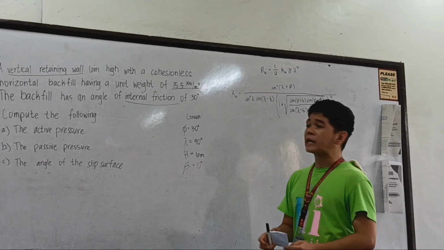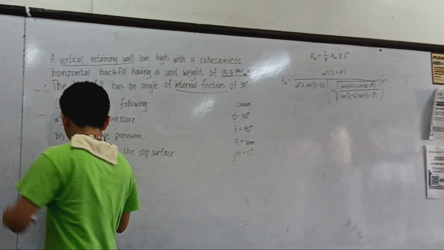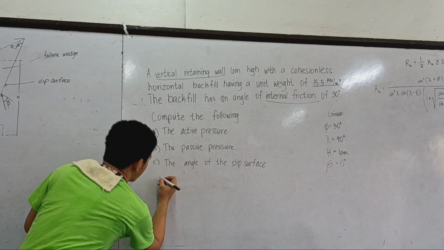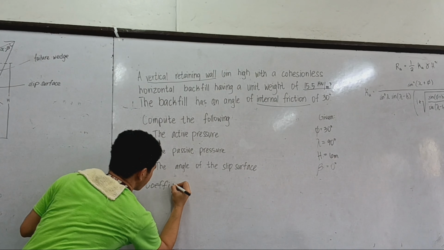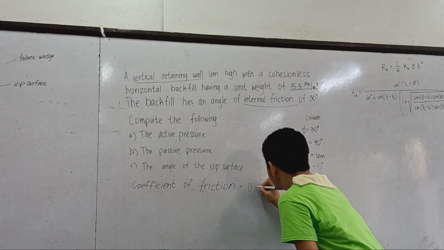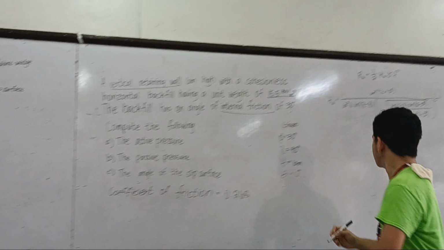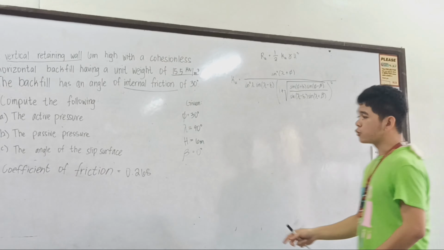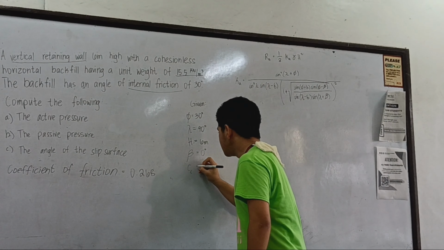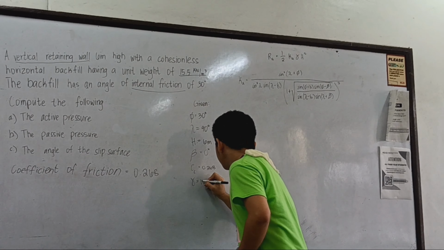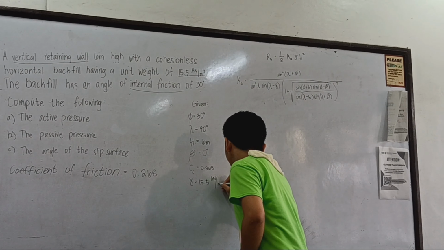There is also a given coefficient of friction between soil and wall, which is equal to 0.268, and a unit weight of 15.5 kilonewton per cubic meter.